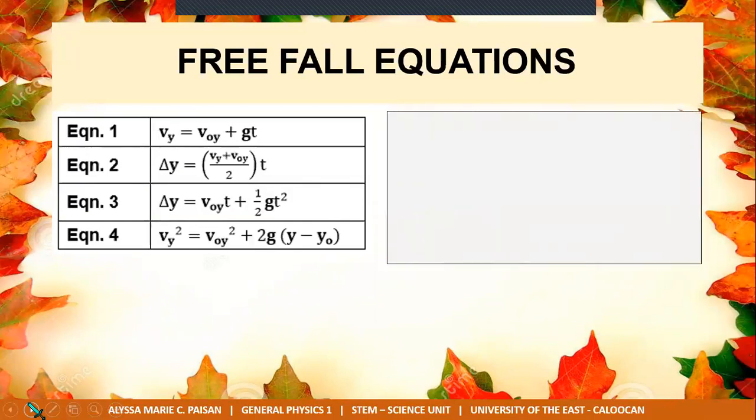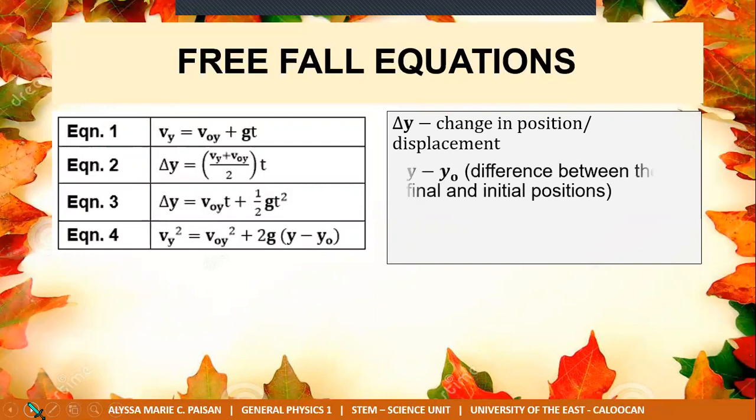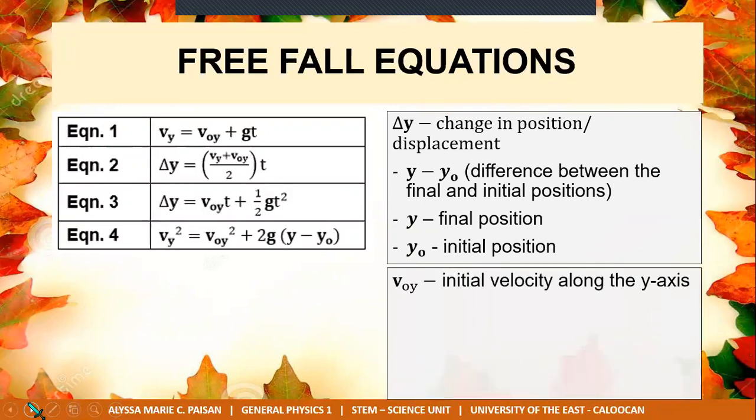Here are the meanings of each variable. We have delta y, which is the change in position or displacement along the y-axis. The delta y can further be expanded as y minus y naught, which is the difference between the final and initial positions. The y is the final position and y naught is the initial position.